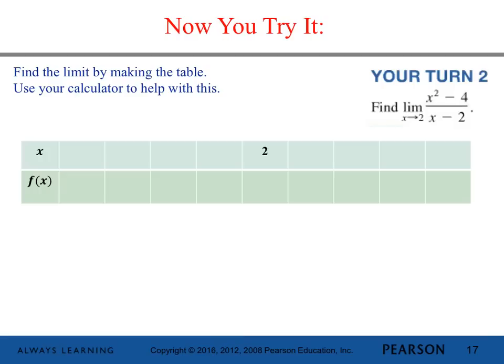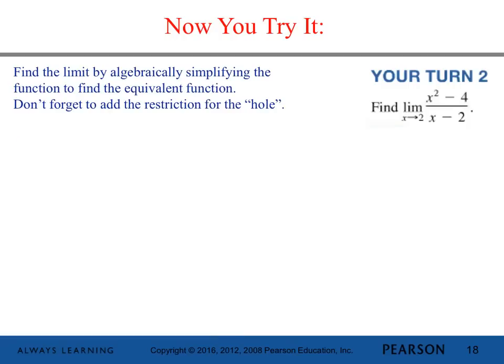Okay, so at this point, you have another problem. It's your turn to try this problem. First, I want you to find the limit as x approaches 2 of x squared minus 4 divided by the quantity x minus 2 and complete it by completing the table.